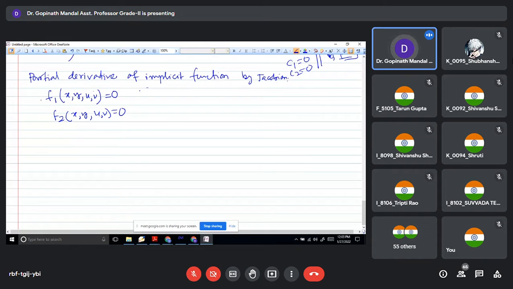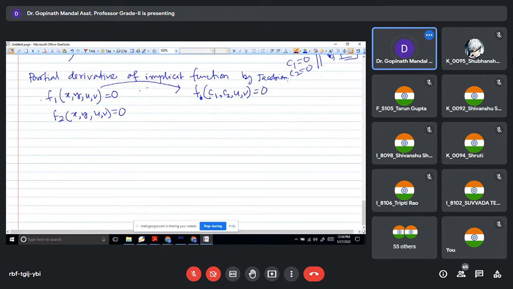In that case, U and V will be dependent when? Suppose there is a function f(C1, C2, U, V) equal to 0. In that case, we say that U and V are dependent, right?